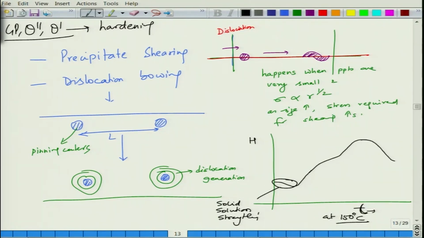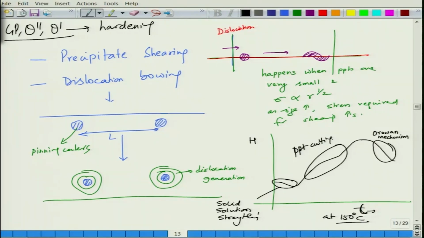And then initially you have formation of GP zones. So what we have is the hardness going up as the cutting mechanism takes place, and in this case the dislocation precipitate cutting mechanism will dominate, and then here you will have the Orowan mechanism.